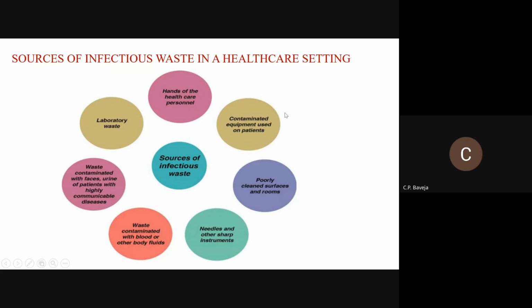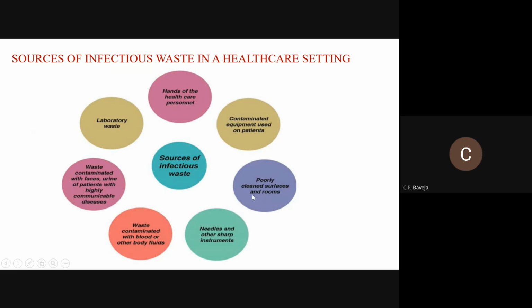Then contaminated equipment used on patients. If you are using equipment on the patient and it is not sterilized, that is a problem; equipment should be sterilized. Sterilized means it should be autoclaved, or put in a hot air oven, or some sterilization procedure should be done. So all equipment being used on the patient should be sterilized and not contaminated.